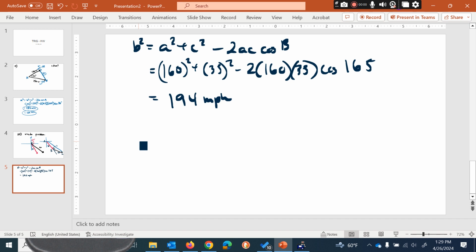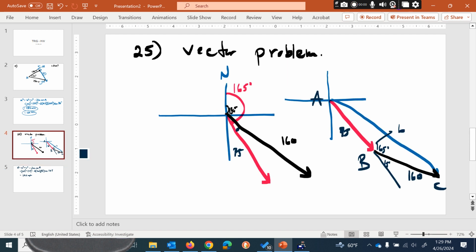Okay, and then we've got to figure out the angle. So how do we figure out the angle between them? Okay, so let's see. Angle between them.